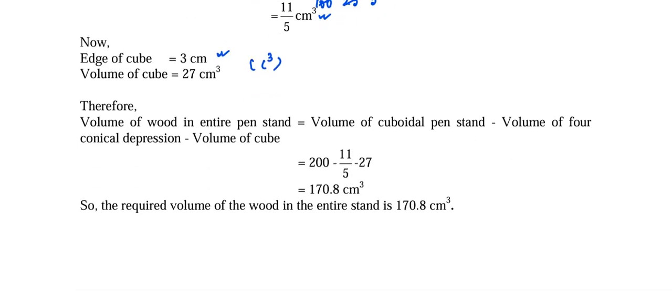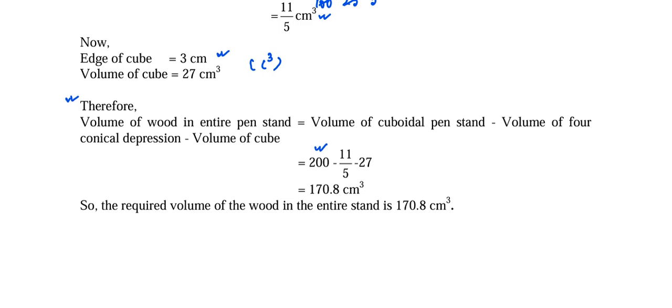Therefore volume of wood in the entire pen stand is equal to volume of the cuboidal pen stand minus volume of 4 conical depressions minus volume of the cube. So volume of the cuboidal pen stand is 200 cube centimeter.